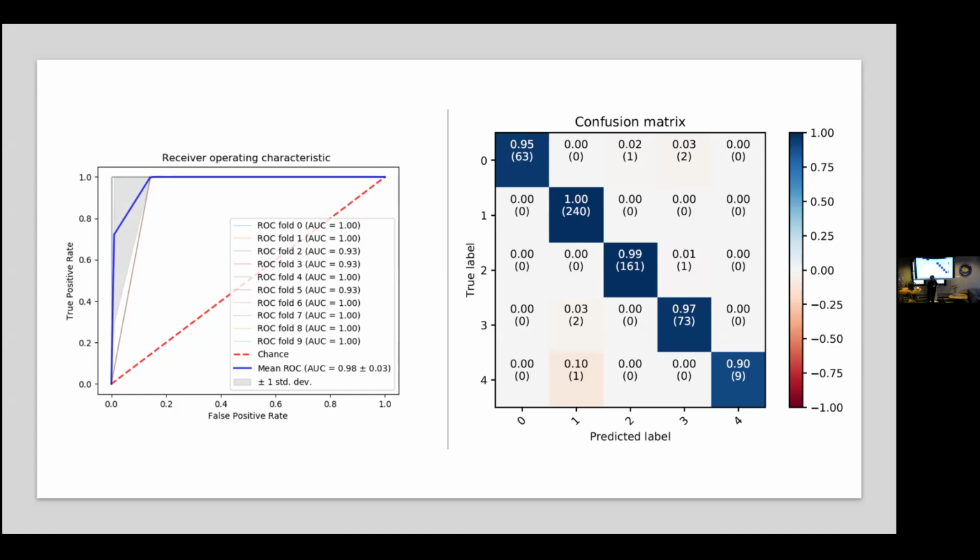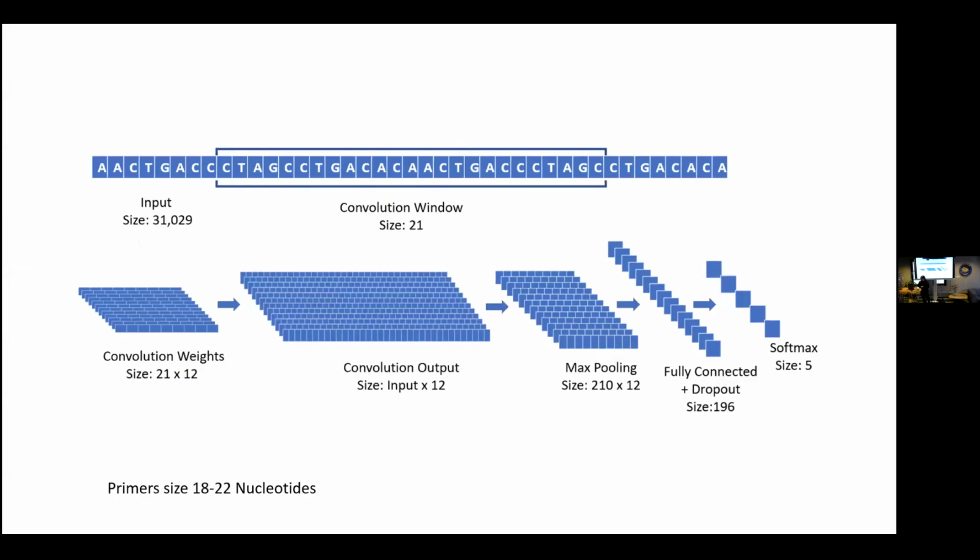So first we used a very big model that had several layers, but then we reduced it to the minimum, which was convolution, then a max pool, and then a fully connected and softmax.